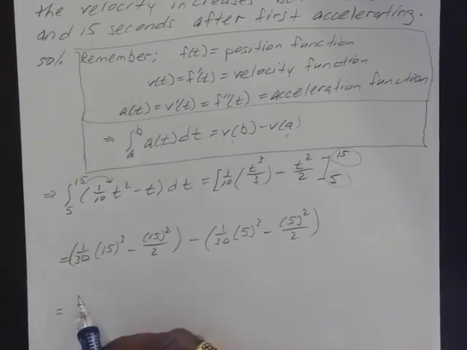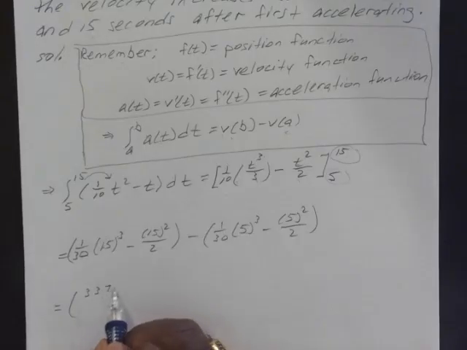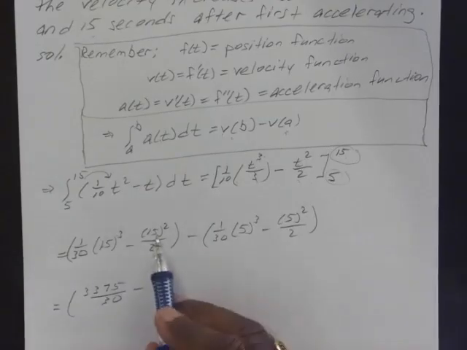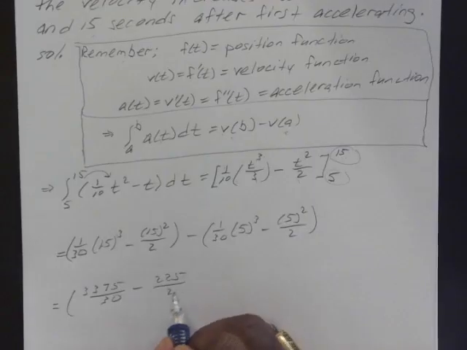So plug in 15 to the third power into your calculator. That'll give you 3,375 divided by 30. Minus 15 squared over 2 is 225 divided by 2.